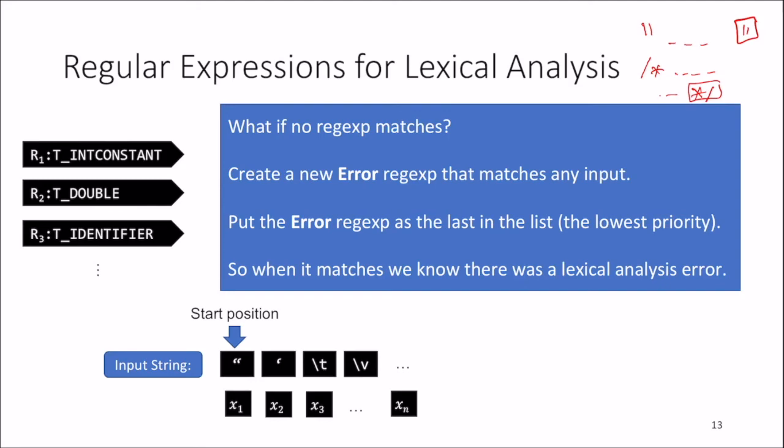But the easiest thing to do is to have a regular expression that matches any input, and that regular expression should be the last in the list. So it always matches, right?